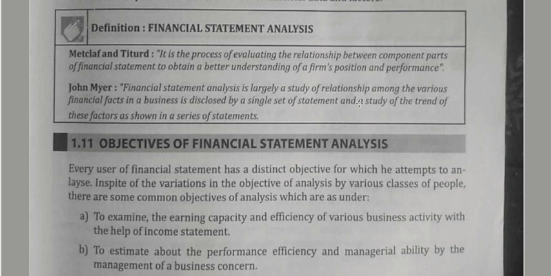In current assets, we take whatever assets can be converted into cash within a year's time, and whatever liabilities are payable within a year are taken as current liabilities. So when you divide current assets by current liabilities, we get to know the short-term solvency position of the concern. So that is what it is telling.